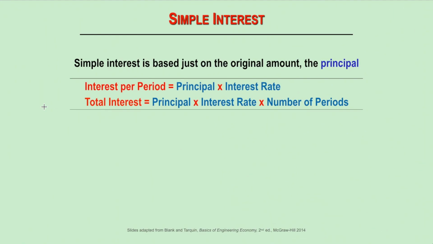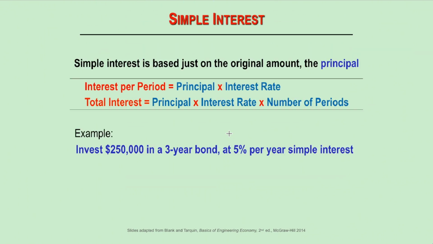Now there are two types of interest. The first type is called the simple interest, and the second type is the compound interest. Now, simple interest is based just on the original amount, which is the principal amount. So interest amount per period is given by the principal amount multiplied by the interest rate. So let's look at a simple example here.